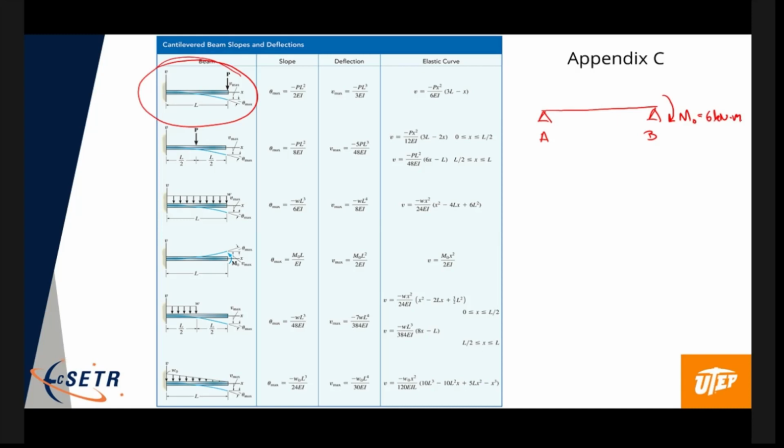All right. Now what's happening from B to C, right? We have a down force of 6 kilonewtons, right? And then at this point B, we have a reaction moment going in the opposite direction, and then the 6 kilonewton acting up, right?